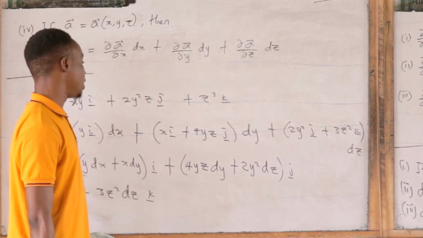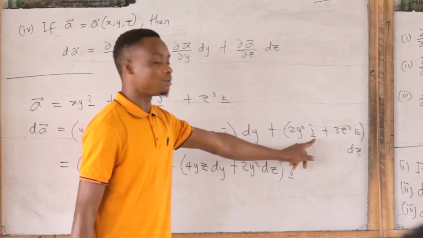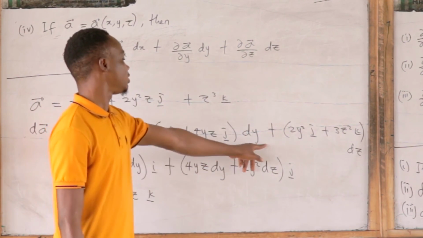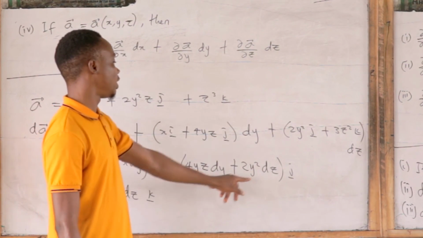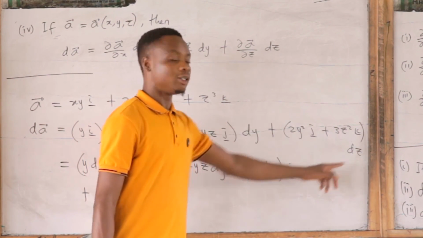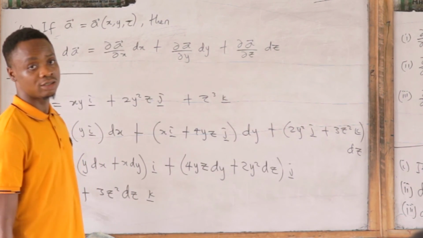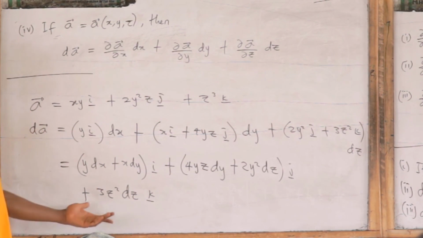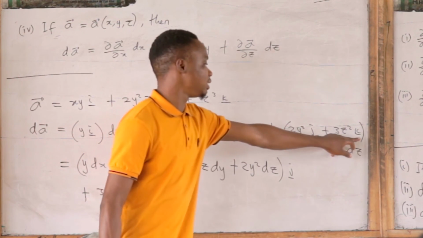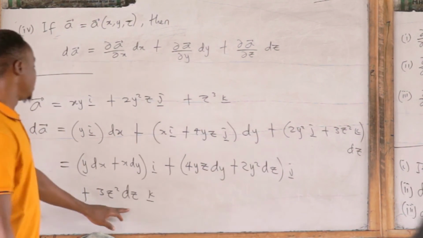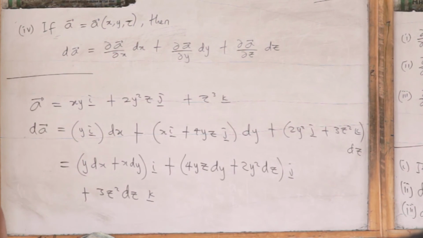Those containing j: 4yz dy and 2y squared dz, multiplied by j. The last one, containing k, is 3z squared dz.